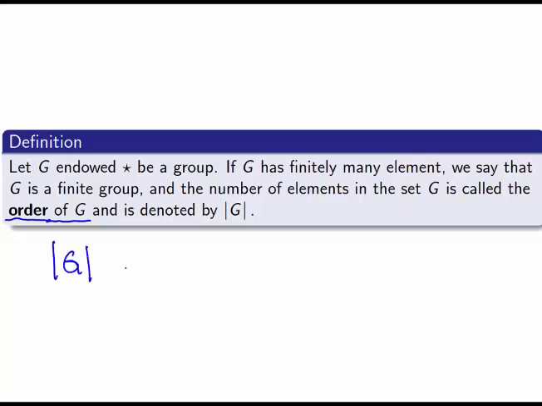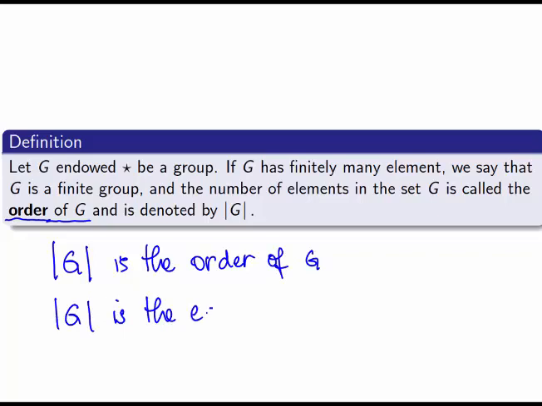We'll write |G| for the order of G. So the order of G is just the cardinality of G when G is finite.